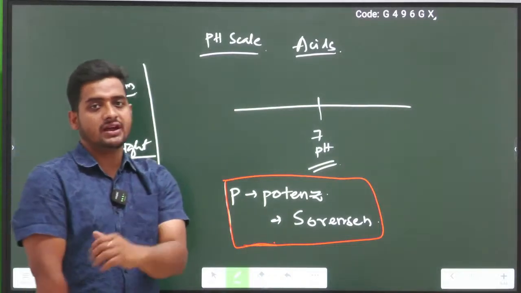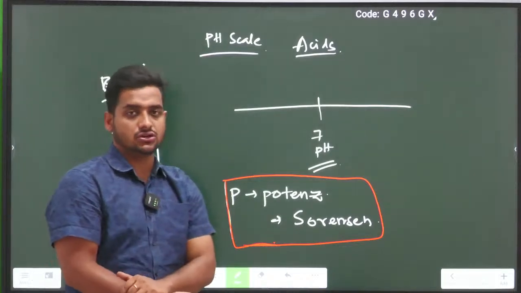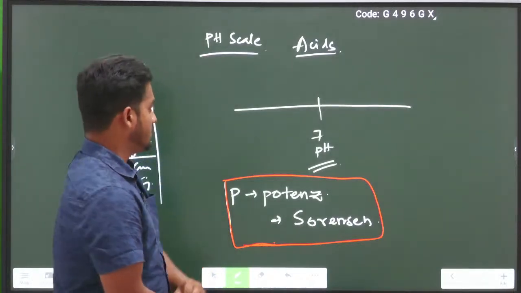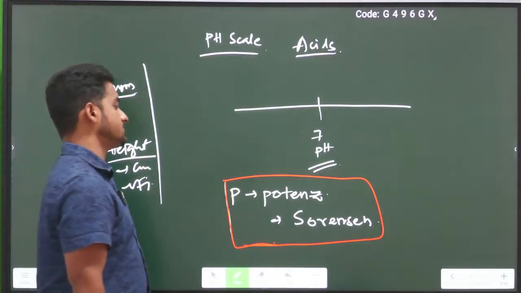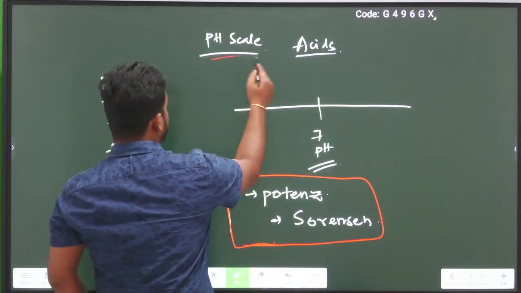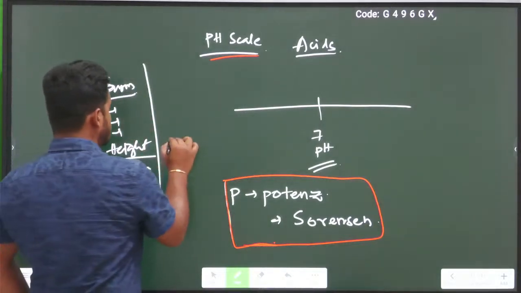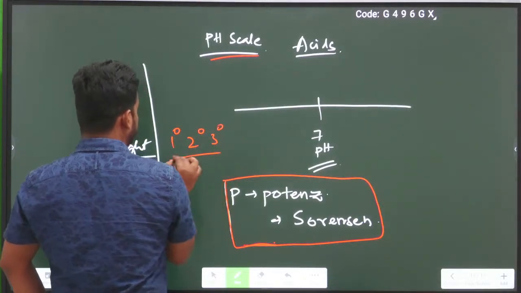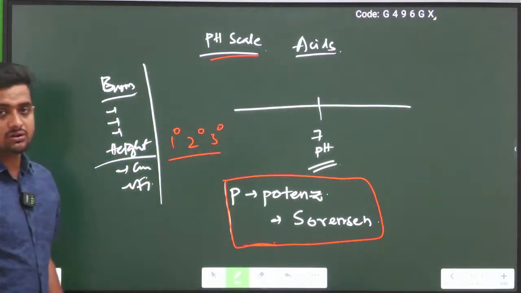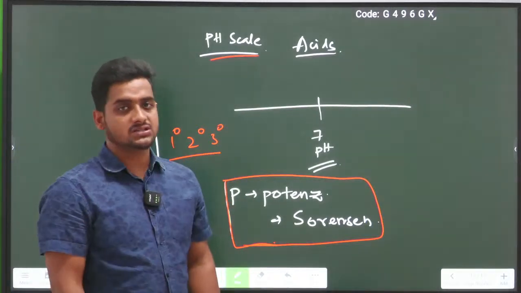If a strong acid falls on our skin, it is very dangerous and burns the skin very fast. We determine that in cases like 1 degree burn, 2 degree burn, 3 degree burn. That is the strength of an acid being poured on a person.